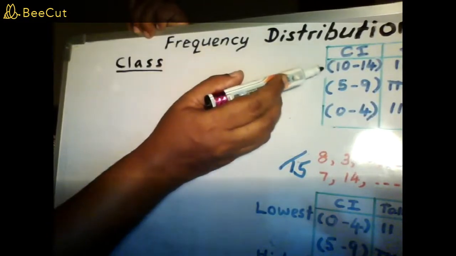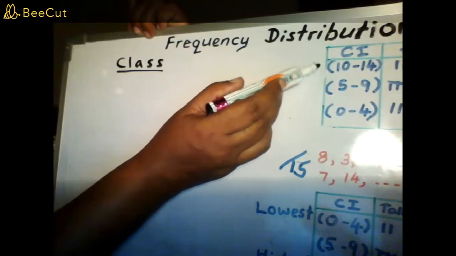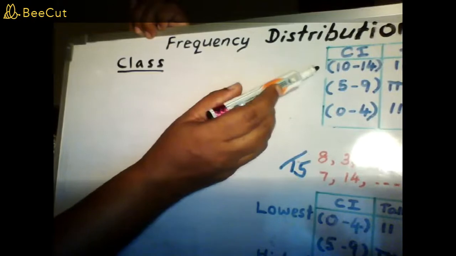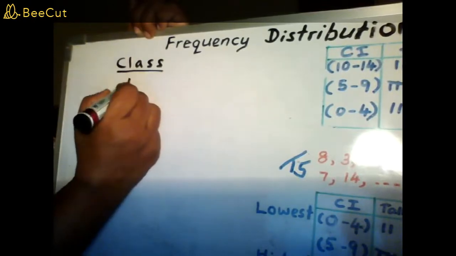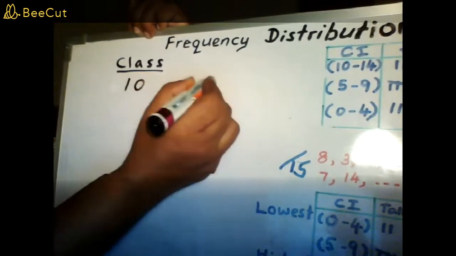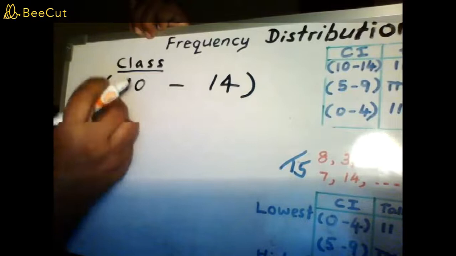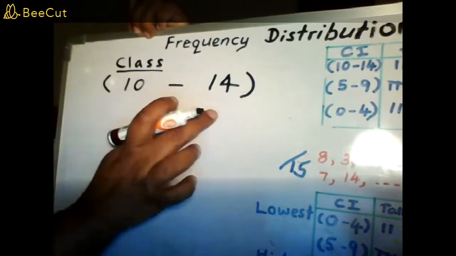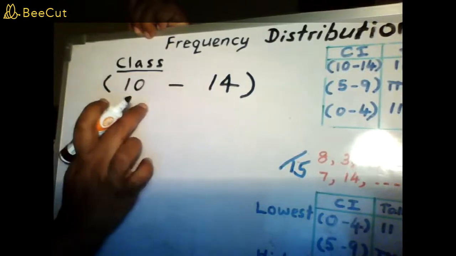In this case, here there are 3 classes: 1, 2, 3. If we take this particular class, that is 10 to 14. So a class is a group or a collection of observations. Here, the collection of marks.